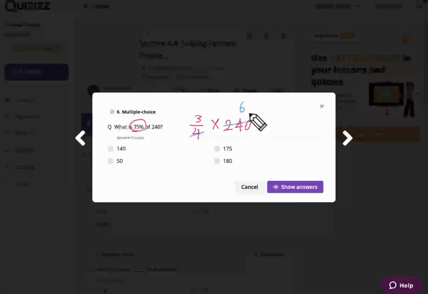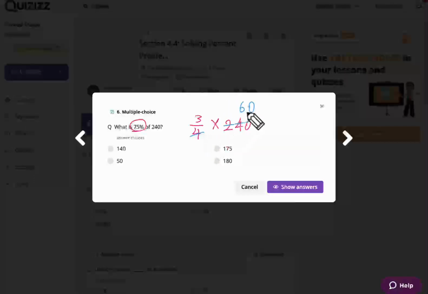And 0 divided by 4 is 0. So 240 divided by 4 equals 60.